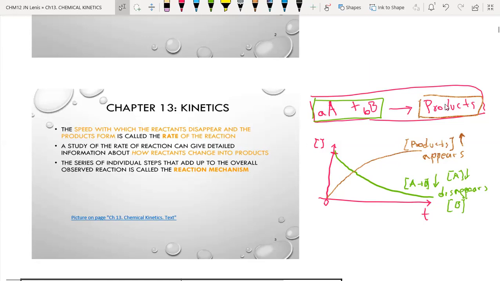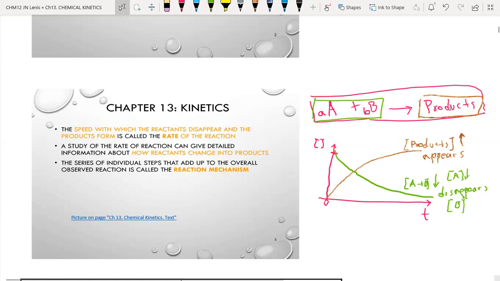It's easier to measure that. So then you choose that. You choose the concentration of products, how the concentration of formation of products changes over the time. And you will use that to measure the speed of the reaction.